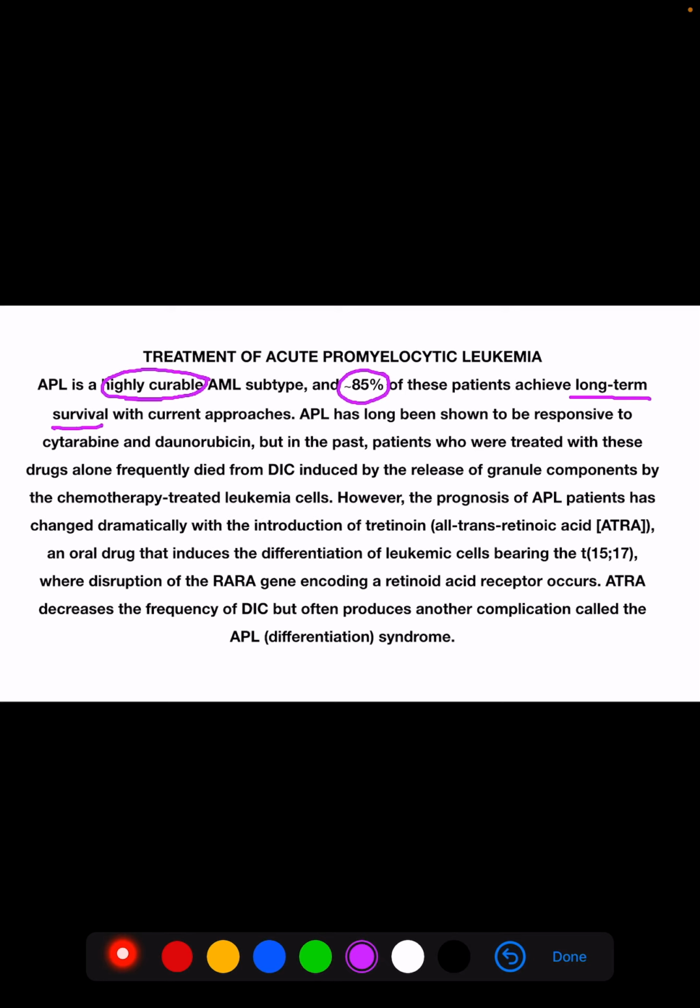What is the percentage of patients achieving long-term survival? It is 85%.